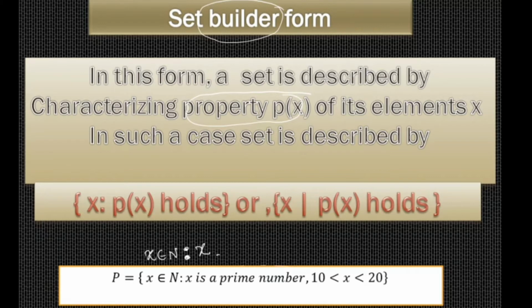So the property given here is prime number, and this element x is greater than 10 and less than 20. If I have to write it in a set form, that we will call the roster form. So what is set builder? The description is given, and it will help you to build the set. So that is called set builder form.